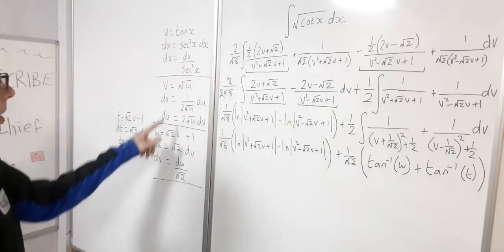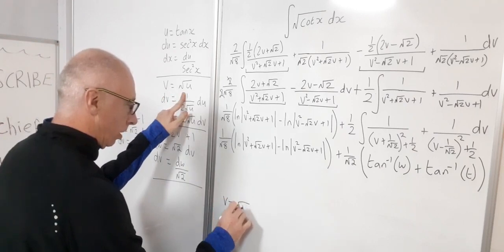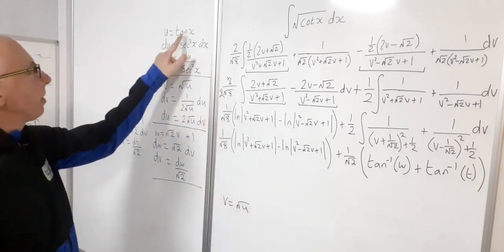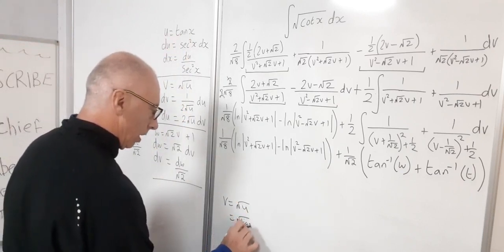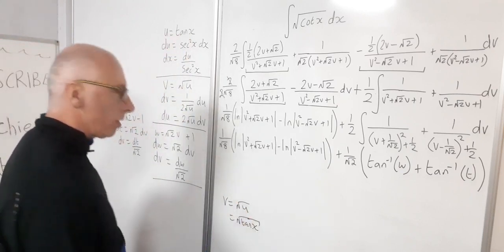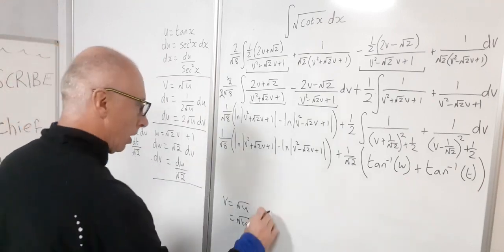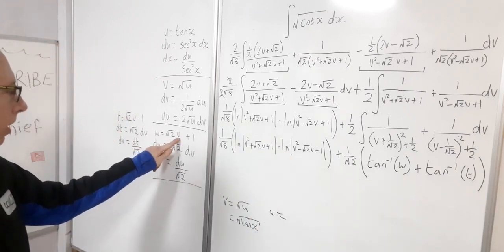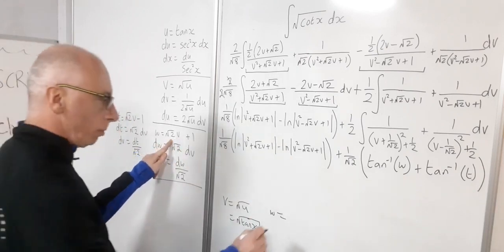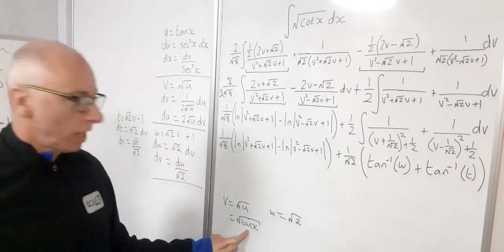Well, what is v? v is the square root of u, and u is tangent x. So that equals tangent x. So that takes care of that. Now what's our w? So w is root 2 v plus 1. So now w is root 2. v we know is square root of tangent x.